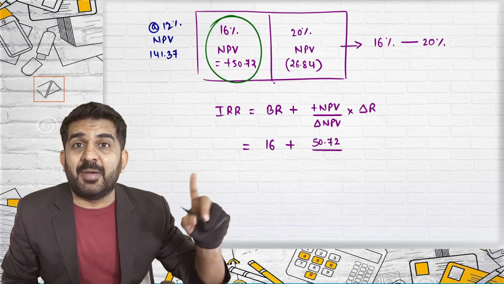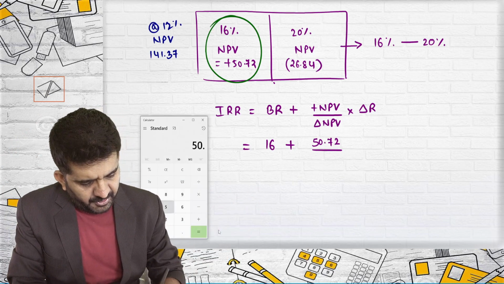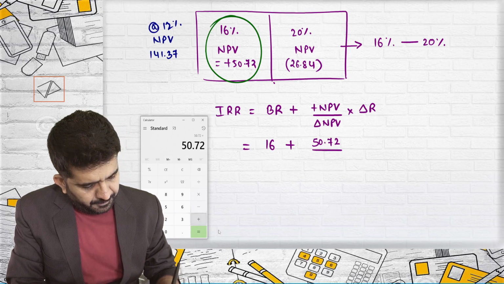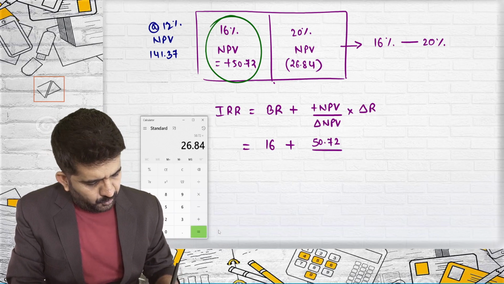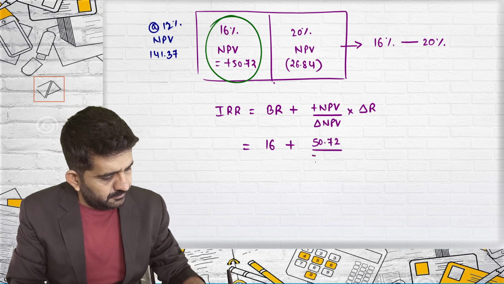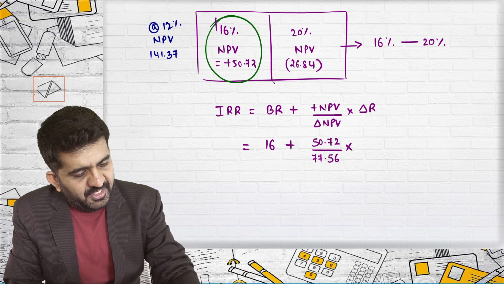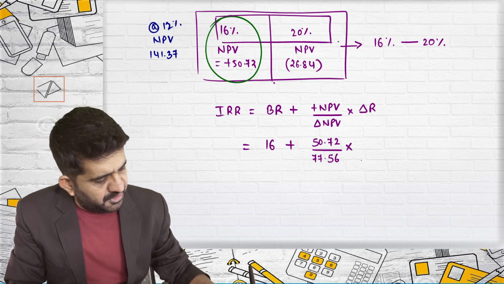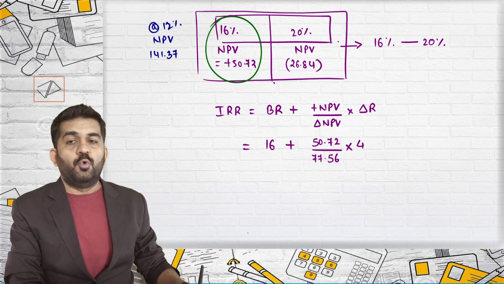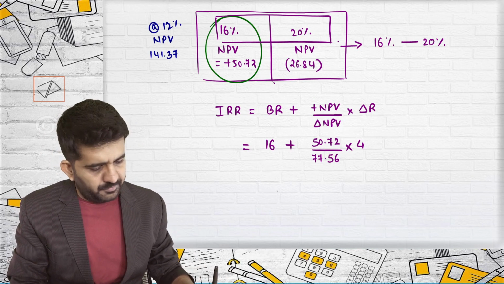No, it is minus a negative, so it will become plus. It is 50.72 plus 26.84, which is 77.56, multiplied by the difference in rate. What is the difference in rate? It is 4, 20 minus 16.